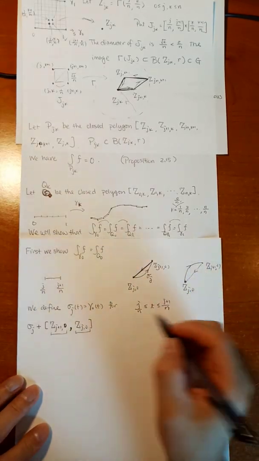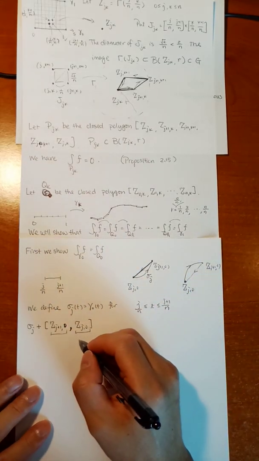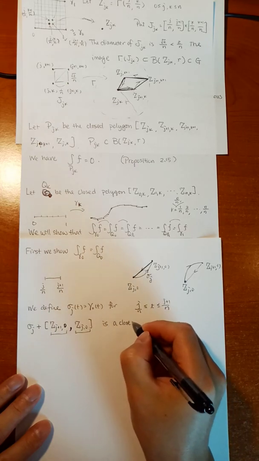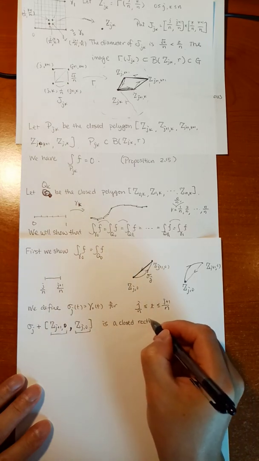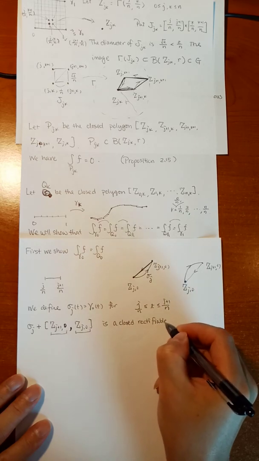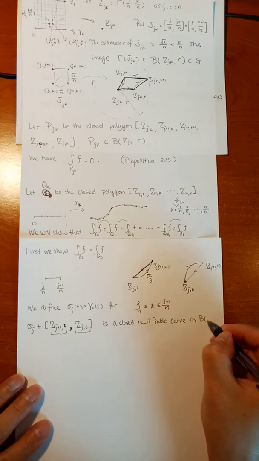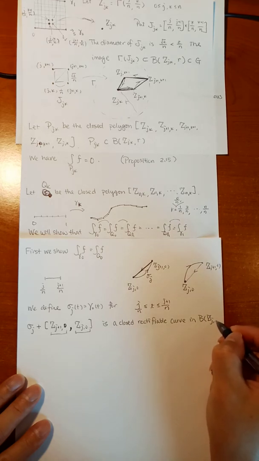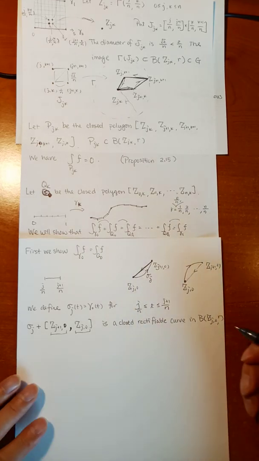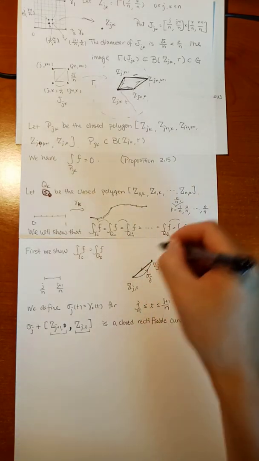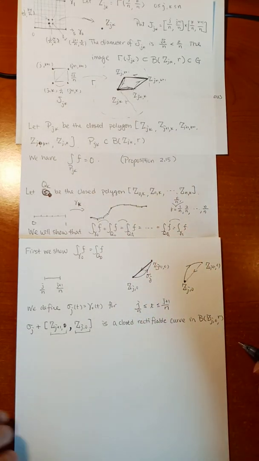Okay, so this is a closed rectifiable curve in the disk B(z j 0, R), the disk centered at z j 0.